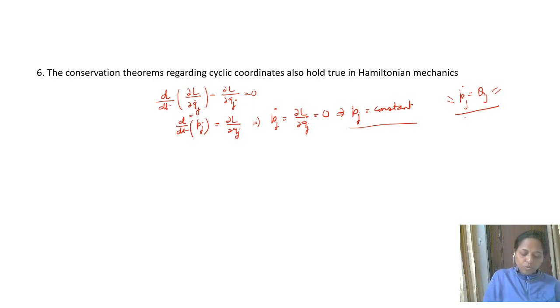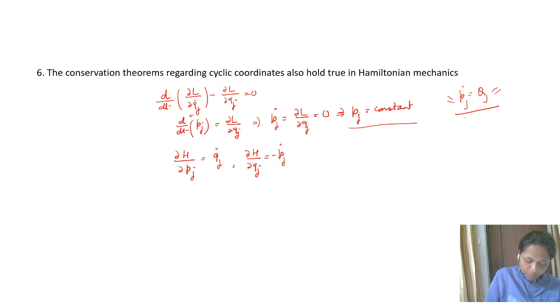Similarly, we can prove these conservation theorems, or you can say that these conservation theorems also hold in Hamiltonian mechanics, because with the help of Hamilton's equations, delta H by delta p_j is equal to q_j dot, and delta H by delta q_j is equal to minus p_j dot.